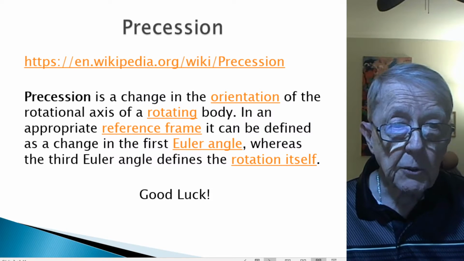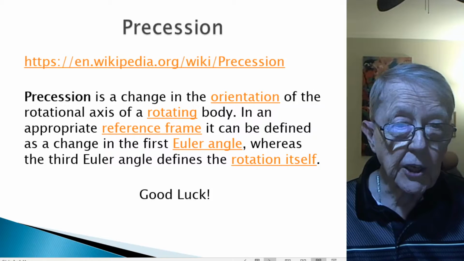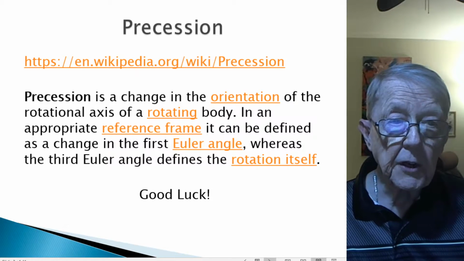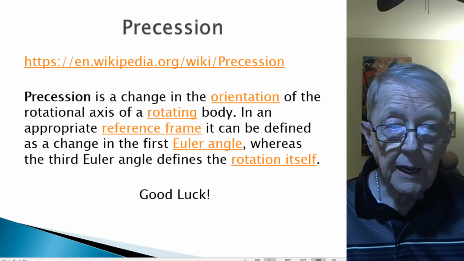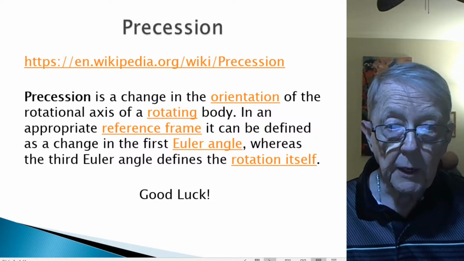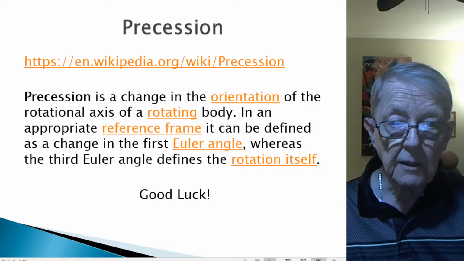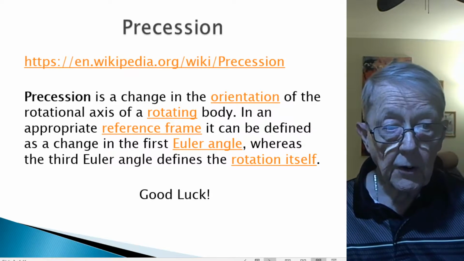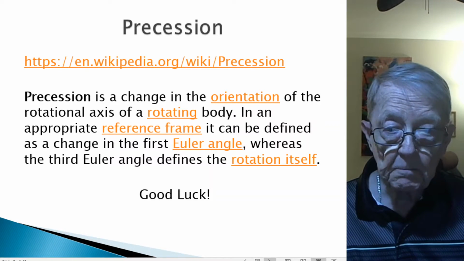Okay, and precession, what does Wikipedia say? Precession is a change in the orientation of the rotational axis of a rotating body. In an appropriate reference frame, it can be defined as a change in the first Euler angle, whereas the third Euler angle defines the rotation itself.